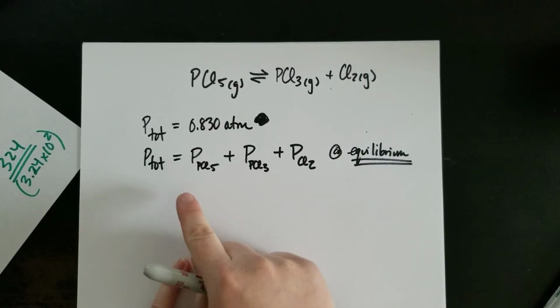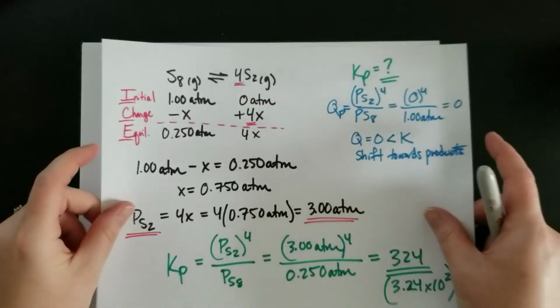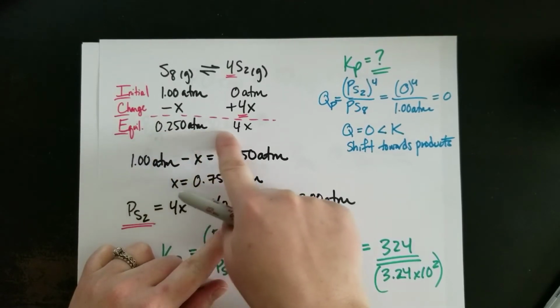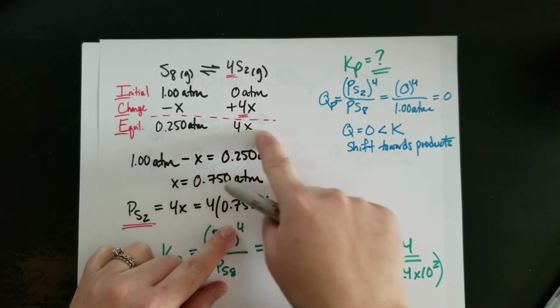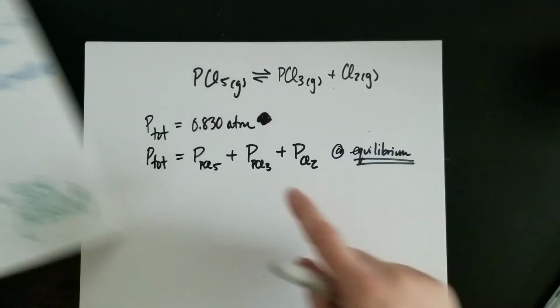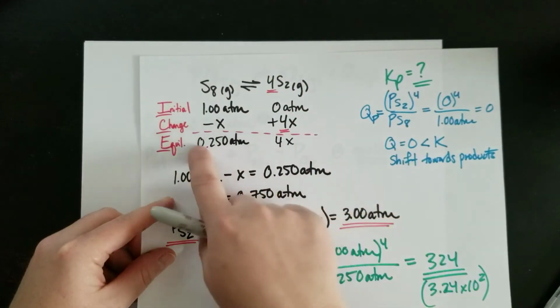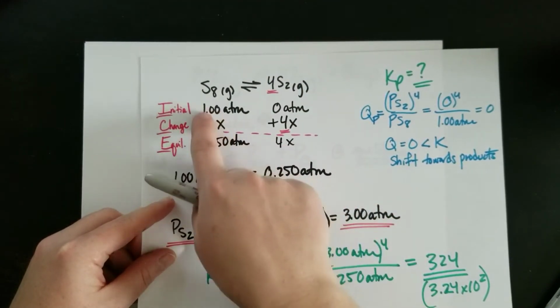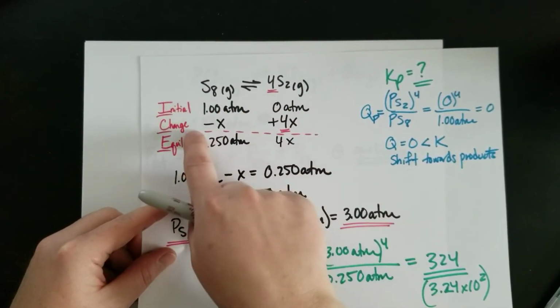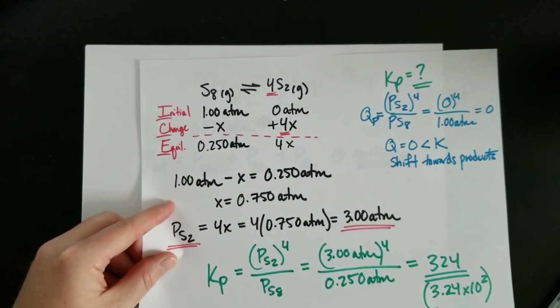So if you figure out your ice table for this reaction, you're going to get to the point where you have an expression at equilibrium for every one of the things in the reaction in terms of X, because in this problem we don't have a value for one of the gases that we can put in the equilibrium row. So you're going to have to work through the initial values, the change, and then come up with your equilibrium expressions in terms of X for each one of the gases.